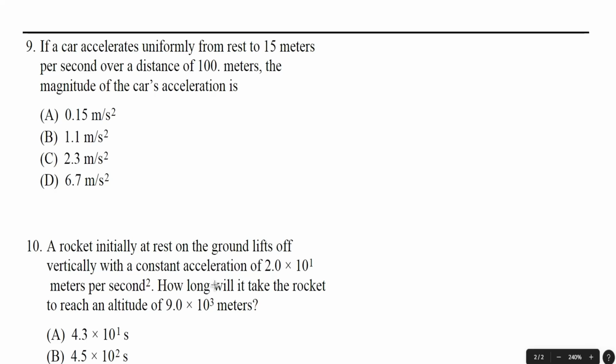All right, so here they tell us that the car starts from rest, goes to a final speed of 15 meters per second over a distance of 100 meters, and they want us to figure out what the acceleration is. So again, no time, therefore I'm going to use the timeless equation. v squared equals v naught squared plus 2a delta x.